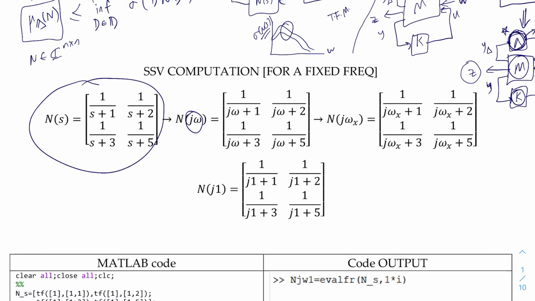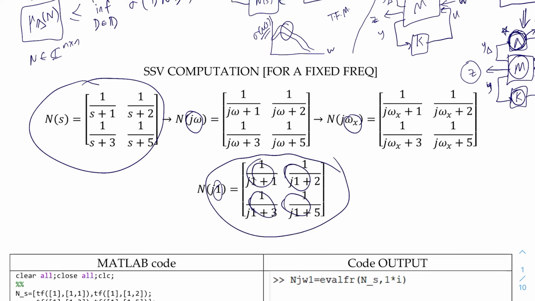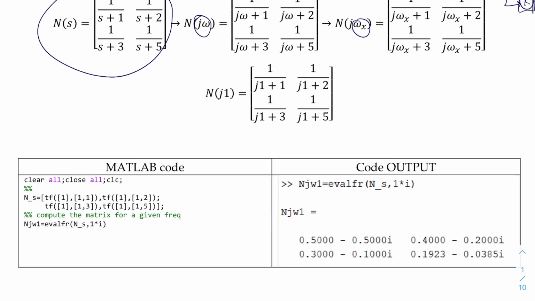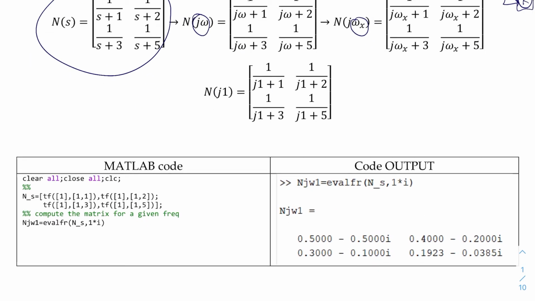Omega x is some constant frequency, like 1 or 2, and let's compute it for frequency 1 radian per second. This is a complex matrix, each entry is a complex number, and compute its SSV.